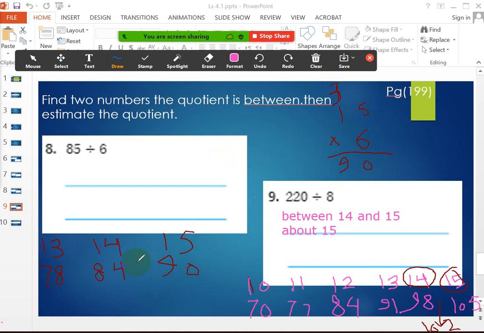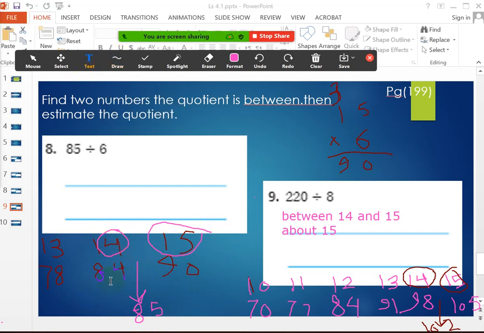Now, 85 is between 84 and 90. That means the quotient will be between 14 and 15. But it's close to which number? Who will tell me? Is 85 closest to 84 or 90? Very good, 84.